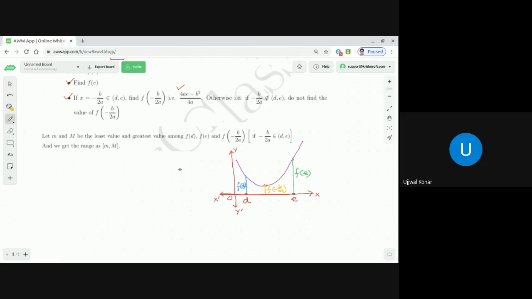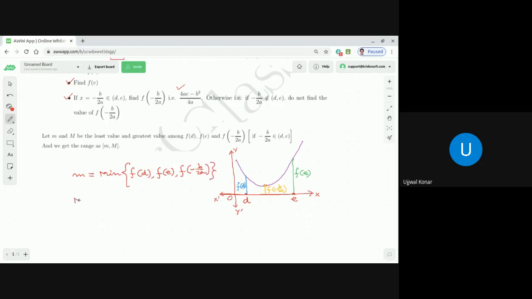Now among these three values, we need to find which one is the maximum, that will be capital M, and which is the minimum, that is lowercase m. That means in other words, lowercase m is the minimum among f of d, f of e, and f of minus b by 2a.